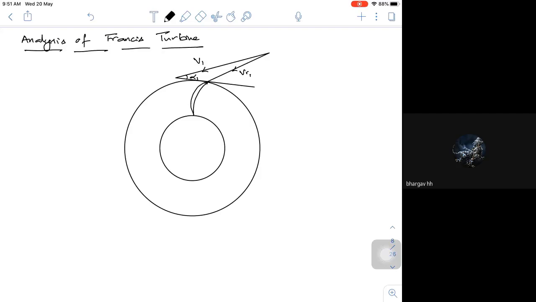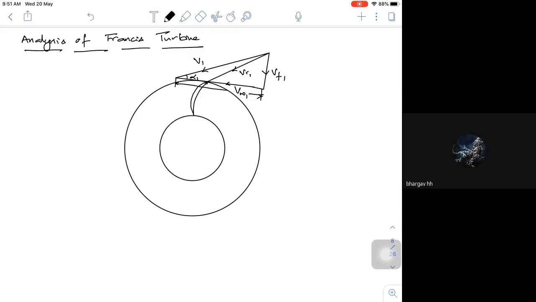If I take the horizontal and vertical components of V1, this will be my VF1, and this will be my VW1, from this point to this. And where is my U?